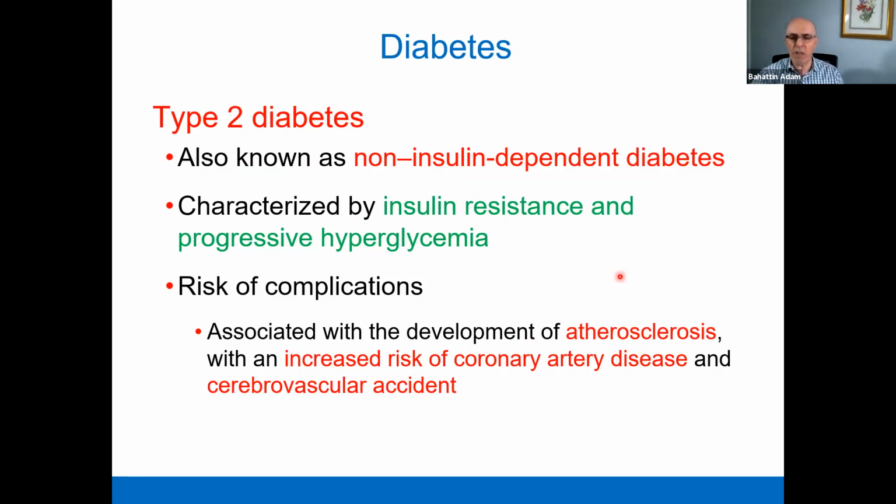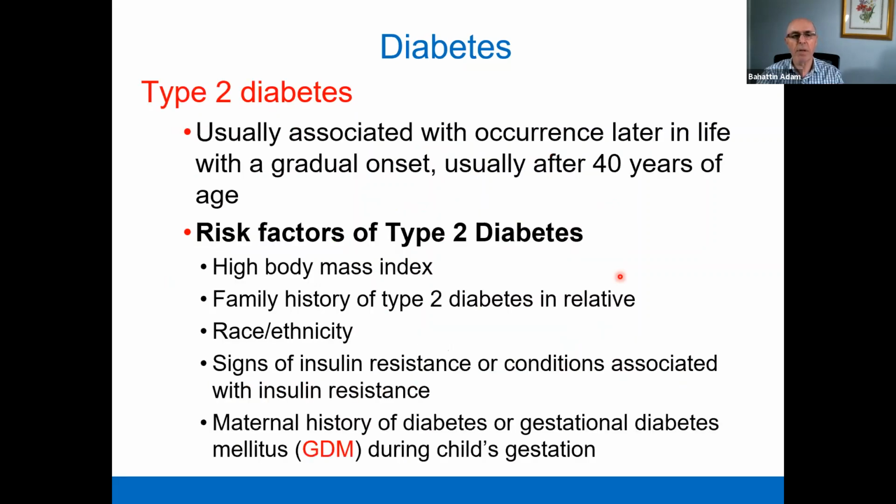Usually type 2 diabetes is diagnosed after age 40 or 50, and the complications will develop after age 40 or 50. If you don't manage type 2 diabetes, these complications will also be life-threatening.